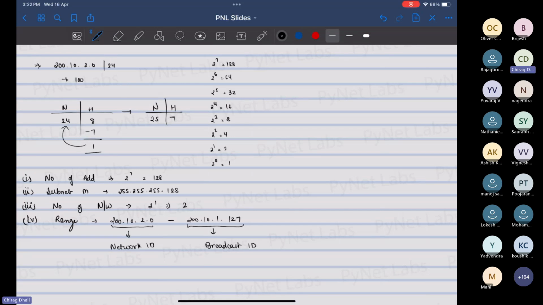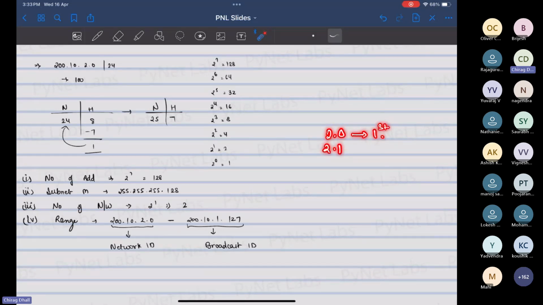Range basically will begin from the very first IP, right? Range is about understanding what IP addresses will I use if I have to assign IPs to the end devices or the endpoints. So we will obviously begin from the first IP, which is 210.2.0. Now I have to calculate 128 addresses, right? So I'll begin from 2.0. That's my first IP.